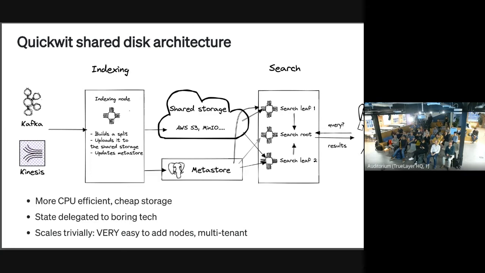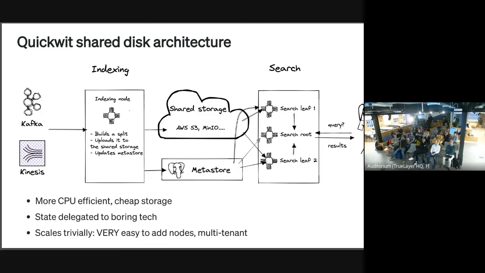So we store small things in the metastore, typically the offset of your Kafka queue. And this is very nice because we have isolated the indexing part.